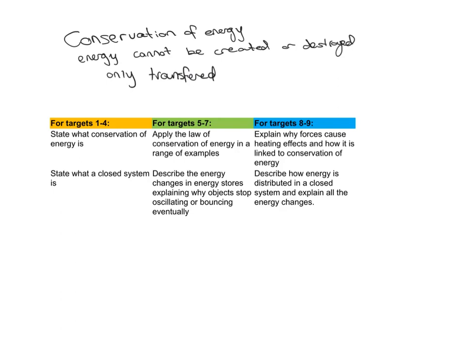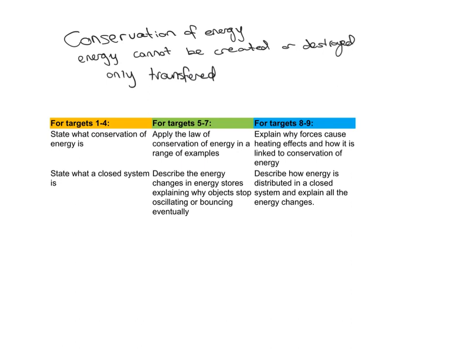If you have a target of 5 to 7, then you should be able to apply the law, and we'll see some example questions at the end. It's a bit hard to unpick the questions in this topic, but you will see in a bit. At least keep in mind or make a list of the outcomes that you do need to know in terms of these topics to help you with your revision.